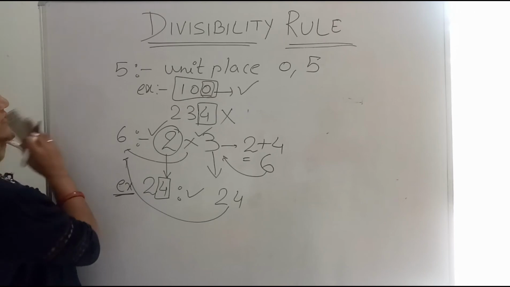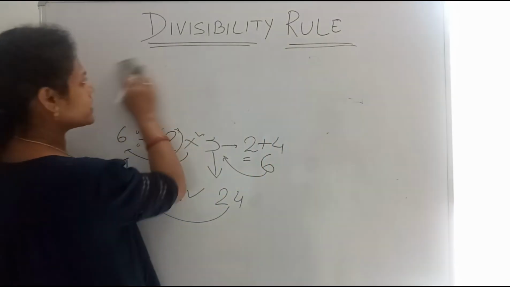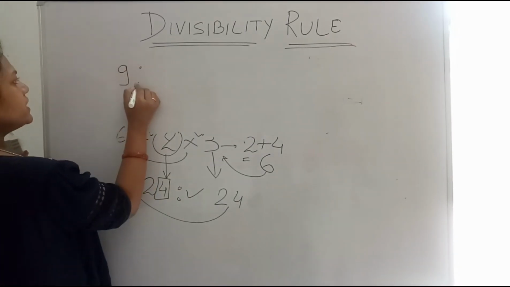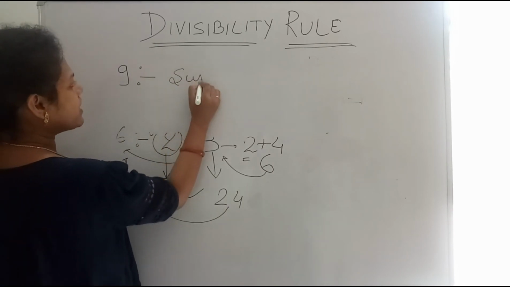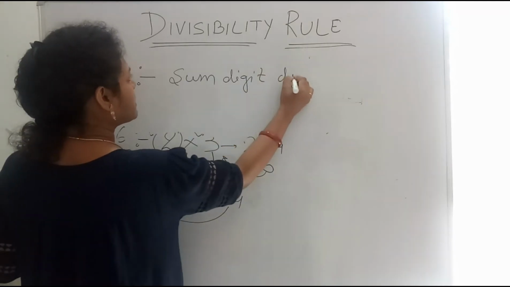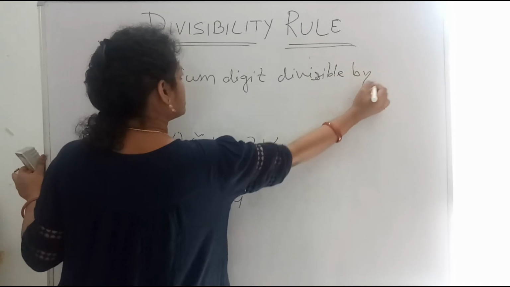Understood? Now we will see the rule for 9. For 9, the rule says that the sum of the digits, when you add the digits, should be divisible by 9.